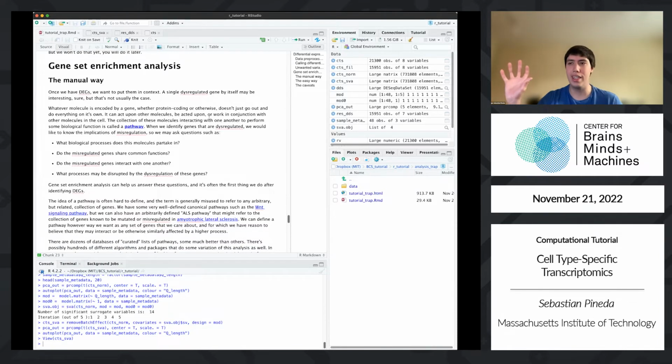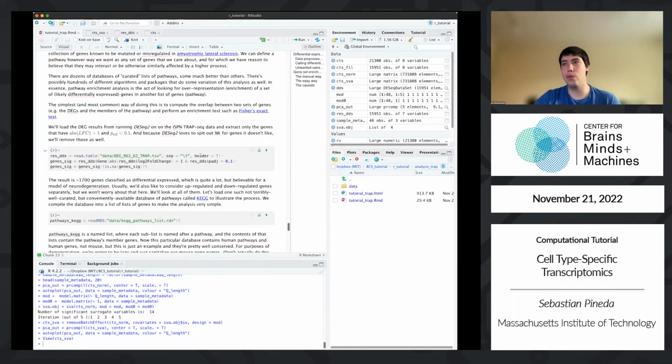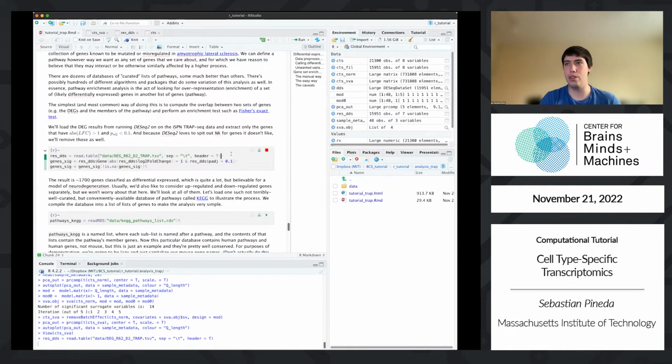Somebody's curated a database where we have genes associated with Huntington's, genes associated with Wnt signaling, genes associated with oxidative phosphorylation. And we can do a simple enrichment test and say, are my dysregulated genes overrepresented in any of these gene sets?